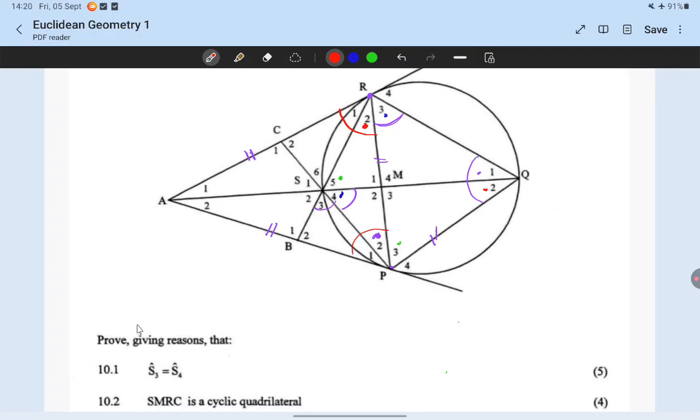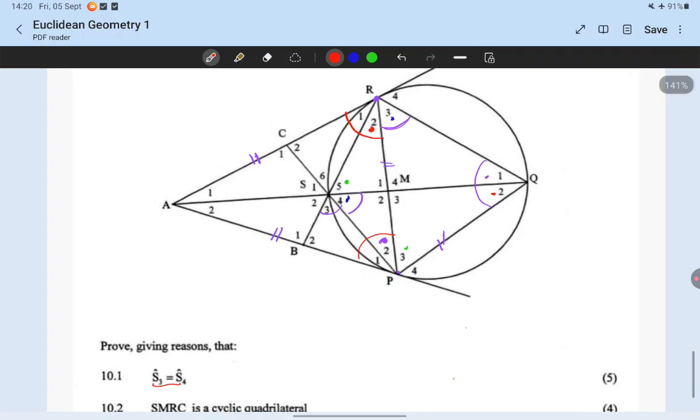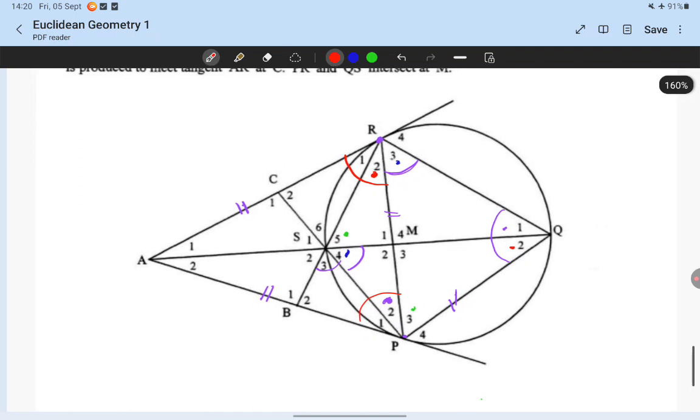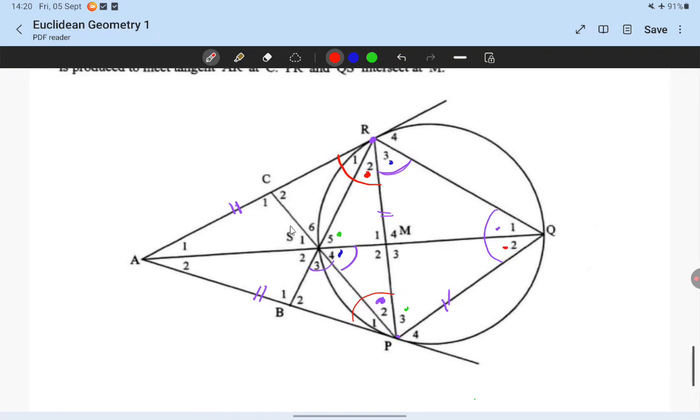They said prove giving reasons that S3 is equivalent to S4. And you can see that S3 is equivalent to that. Can you see with these lines that we made? So now let's make the connection. What is the connection between these? We can see that our S4 here is equivalent to our R3. So let's write that down.